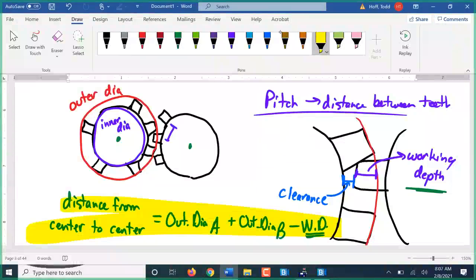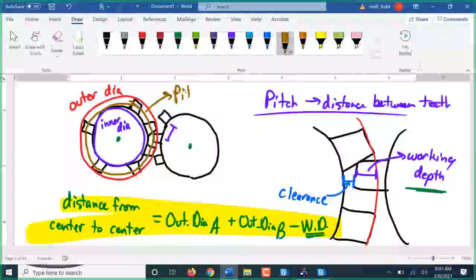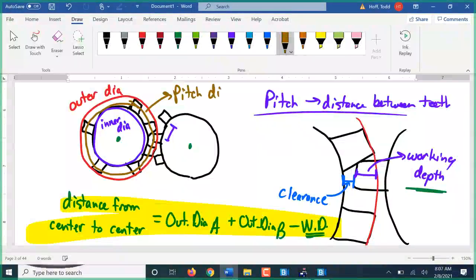The diameter that is most important is called the pitch diameter. The pitch diameter is between the inner and outer diameter. That pitch diameter is really the effective size of the gear. The pitch diameter of one gear and the pitch diameter of the gear meshing with it is tangent. That means they touch at just one little point like that.